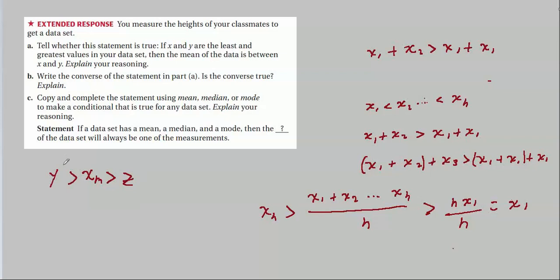The converse of this would be if the mean is between y and z, then y and z must be the minimum and maximum of the data set. And that is entirely incorrect. I mean, just pick an example. Remember, counterexamples are all you need to prove that something's not true.